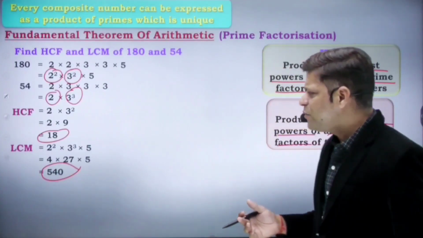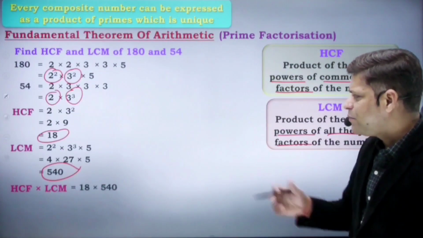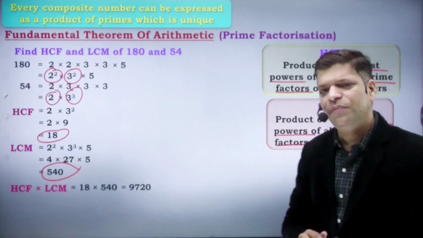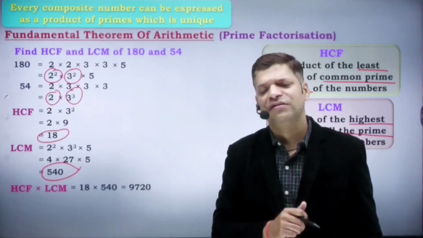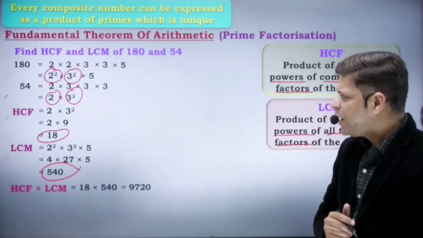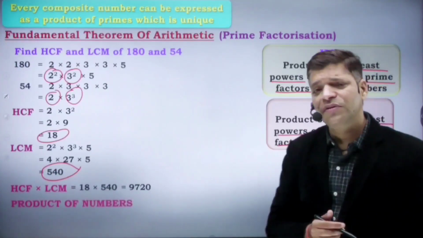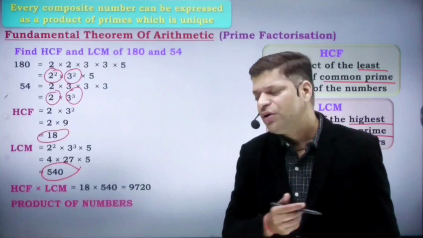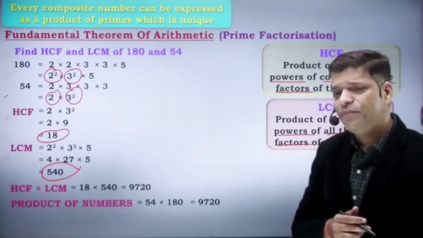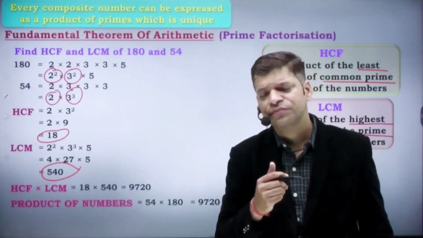When we take the product of HCF and LCM, that is 18 into 540, we find that this product is equal to 9720. And if we find the product of the numbers, that is 180 into 54, we find this is also 9720.